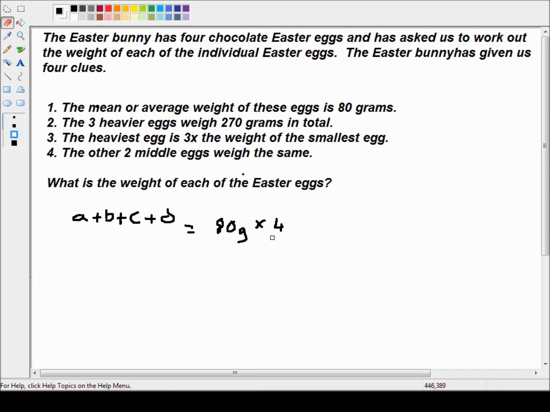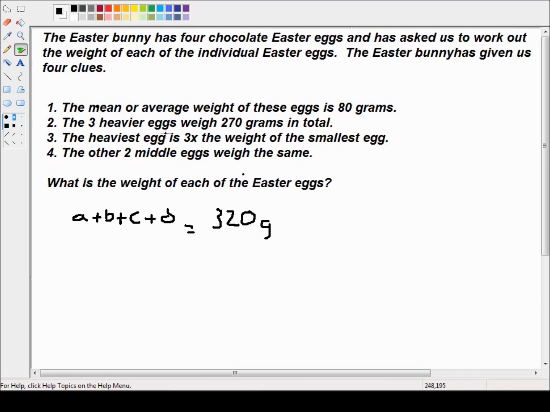Okay, so 80 grams multiplied by 4, well 2 times 80 is 160 grams, and 2 times 160 grams would be 320 grams. So we're told that when you add all 4 weights together they make 320 grams. That's what we got from the first clue.